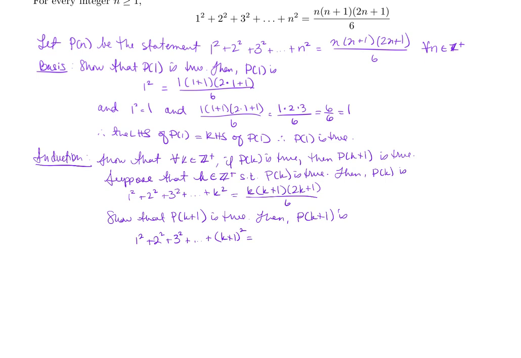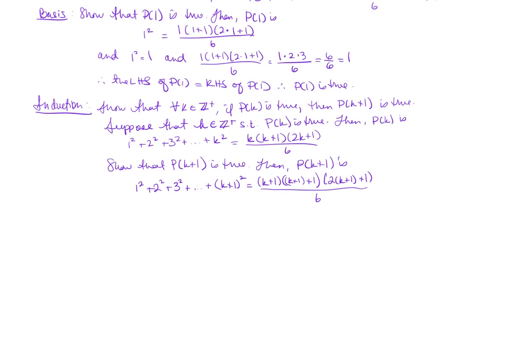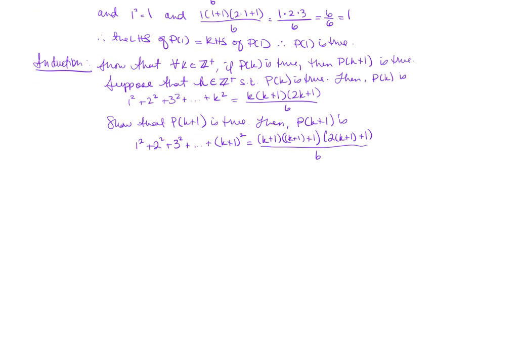And on our right-hand side, where P(n) now is P(k plus 1), we end up with (k plus 1) times (k plus 1 plus 1) times 2 times (k plus 1 plus 1), and it's all over 6. So we can see where our algebra is definitely going to get pretty fun here in a moment.